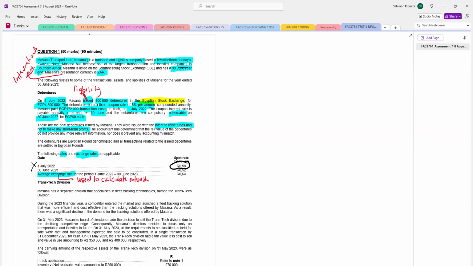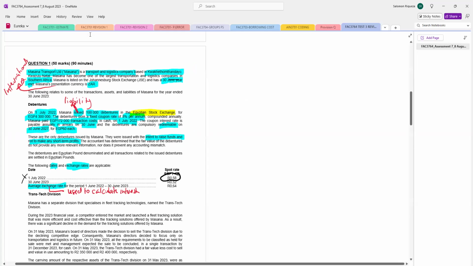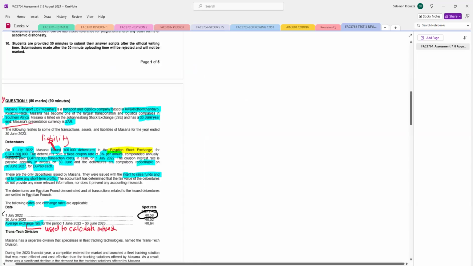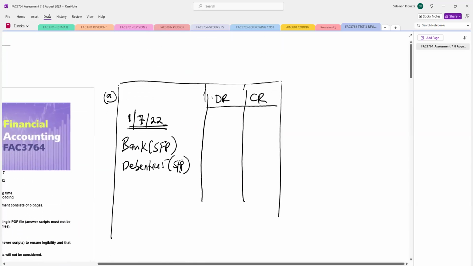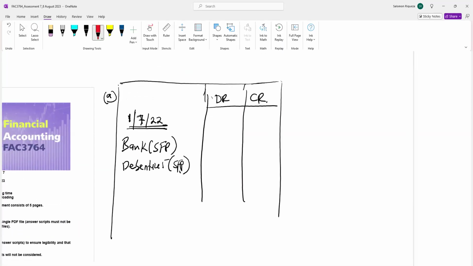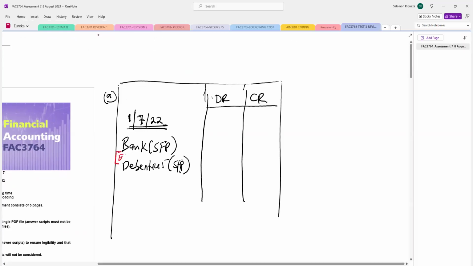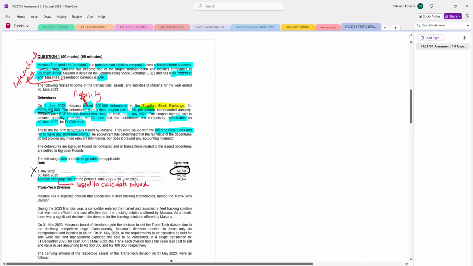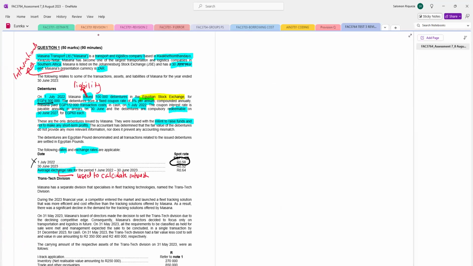All right, so let's do the calculation. So we paid 4.3 million. Let me just do my calculation here. So Egyptian pound, 4.3 million. This is what was paid. This is what we received, but we also had to pay transaction cost of 172,000.